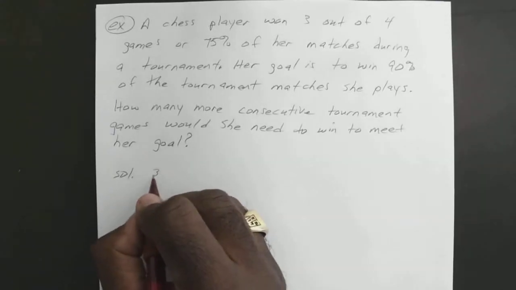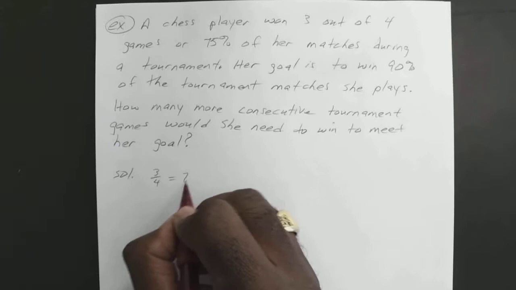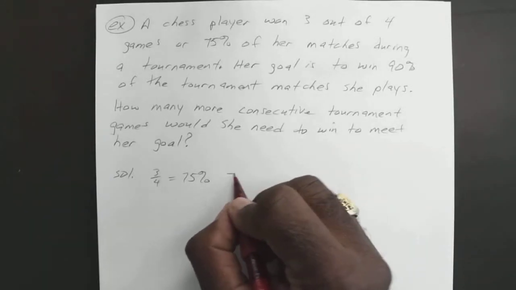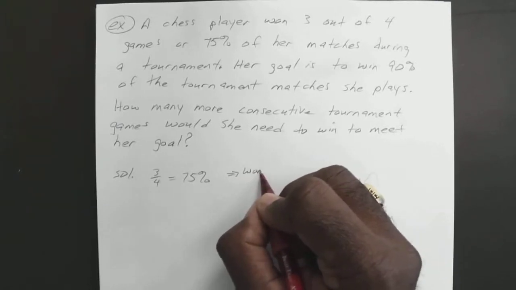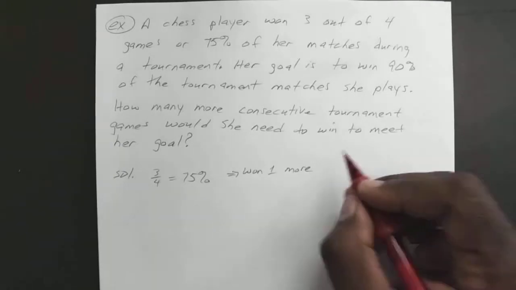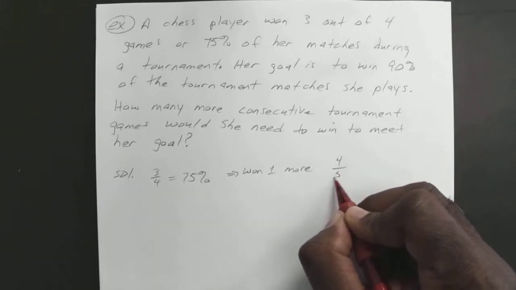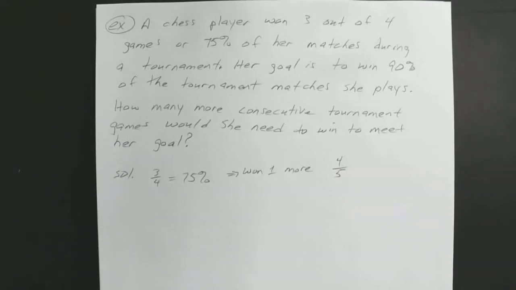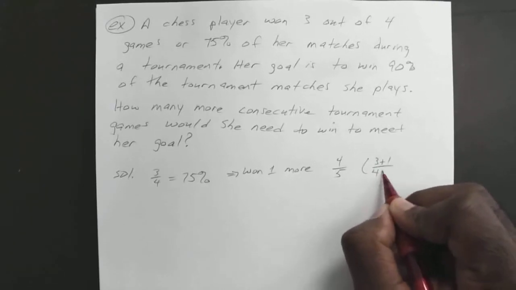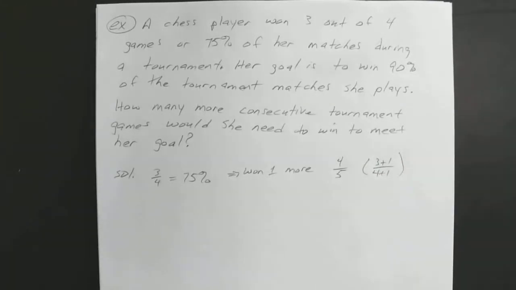Okay, so we already know she's starting off at 3/4 or 75% of her matches. That's how many she won. Okay, so let's say if she won one more. Then that means she'd be 4 out of 5, or 3 plus 1 over 4 plus 1.